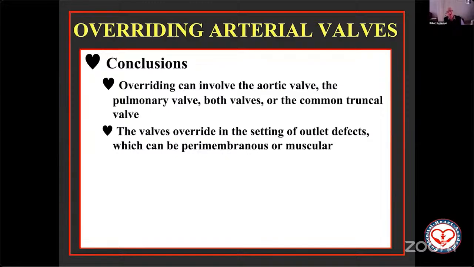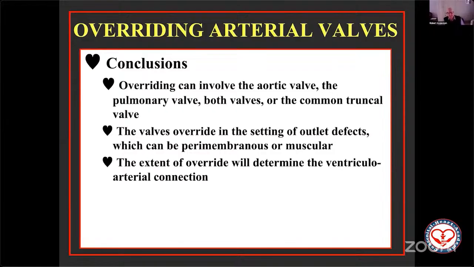What we have shown is that all of these valves override in the setting of outlet defects, and those defects can either be perimembranous or muscular, and it is that feature that will determine the vulnerability of the atrioventricular conduction axis.